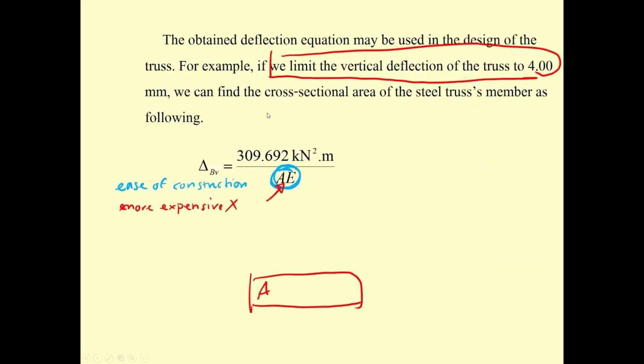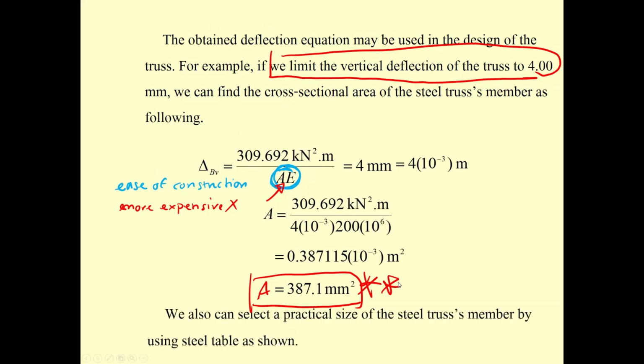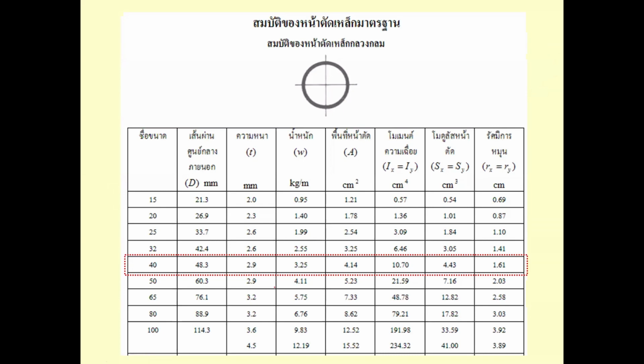Now, can we use this exact number? No, go to the steel table and check it out. What you get should be this one, 3.25 square centimeter, or 325 square millimeter.